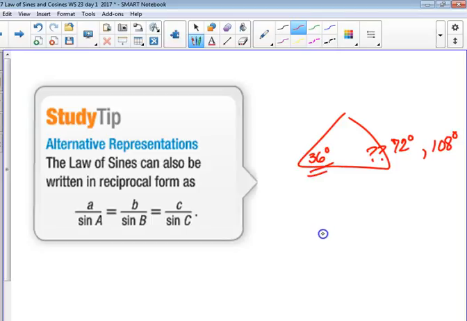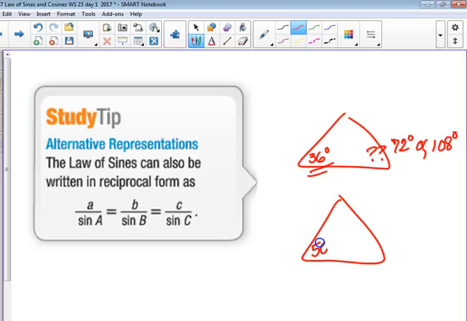Are those both possible with a 36? Can you have a 36 and a 72 and something else? Yes. Can you have a 36 and a 108 and something else? Yeah, there'd be 36 left over for that angle. Okay. But no, you can't have all three of them, but either one of these would work.